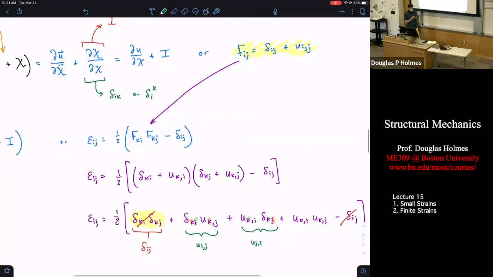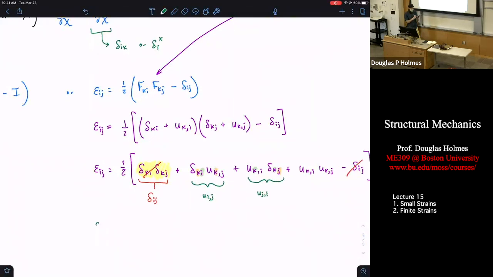And that last term doesn't change. And so finally, the Green-Lagrange strain tensor looks like this. u i comma j plus u j comma i plus u k comma i, oops, u k comma j.